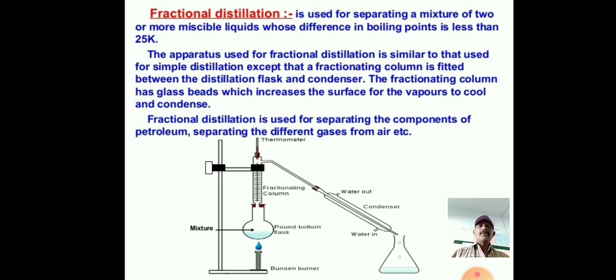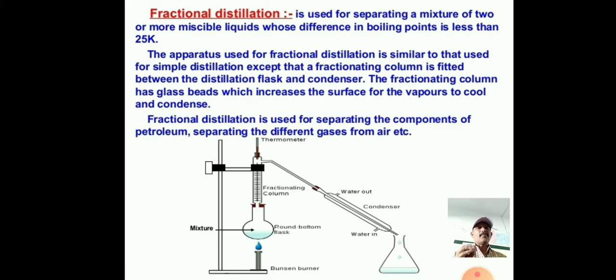Okay. Now you can see fractional distillation is used for separating the components of petroleum. Petroleum contains many components such as petrol, diesel, kerosene, coal gas. Next, coal tar also we can get from petroleum. These are separated by using the fractional distillation method.